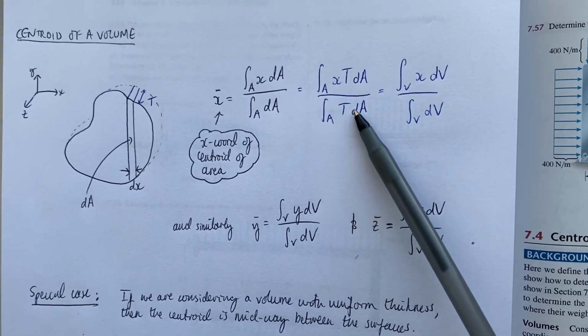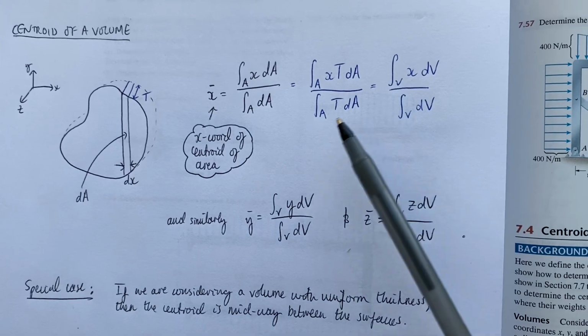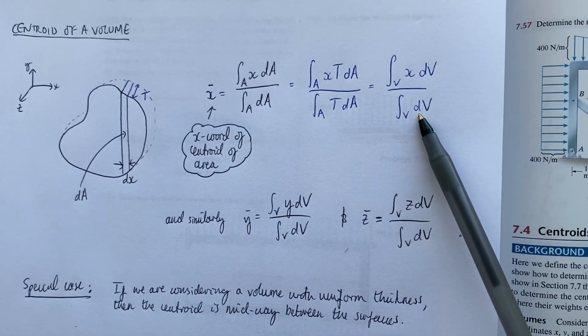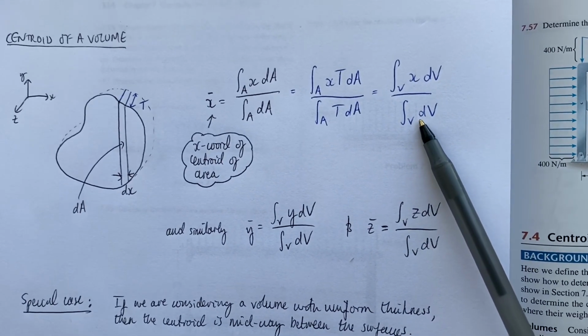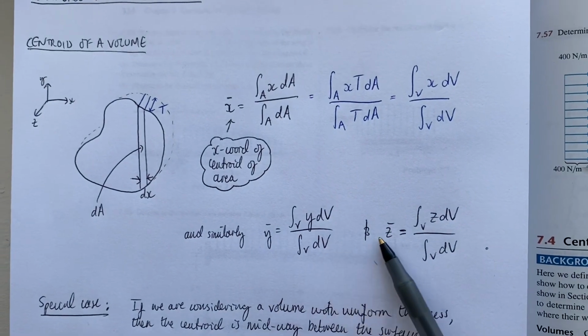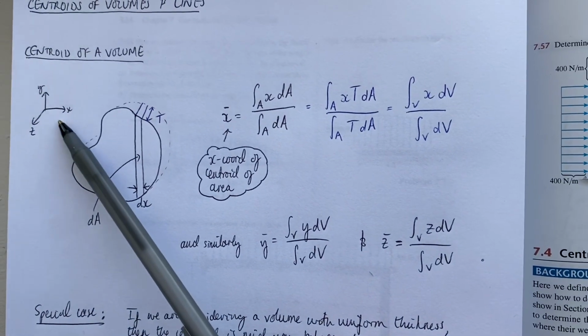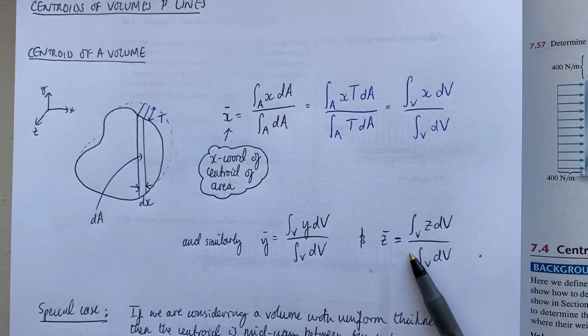So this formula here can be written in terms of integrals over the volume of this shape, like so. And similarly, we find the y-coordinate and now also the z-coordinate, because remember now we're working in 3 dimensions, in the same way, right?